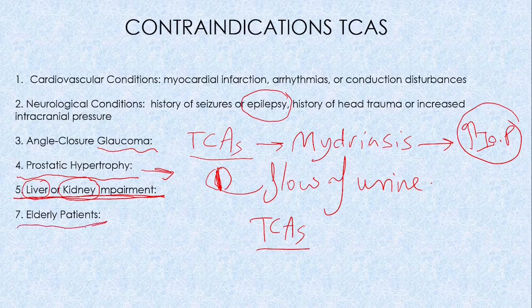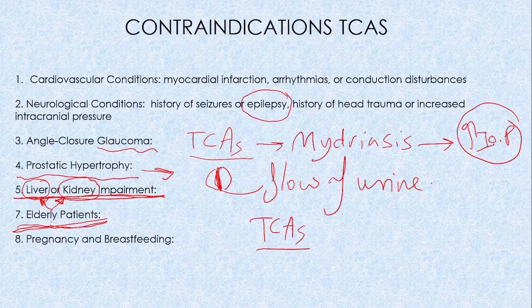They should be avoided in elderly patients, old people. Why? Because elderly patients have low metabolic enzymes, meaning they will metabolize the drug slowly, and as well they have low renal function, meaning the excretion of the drug will be delayed.